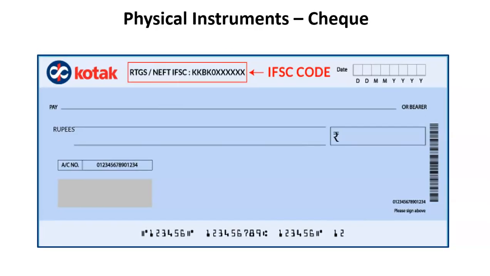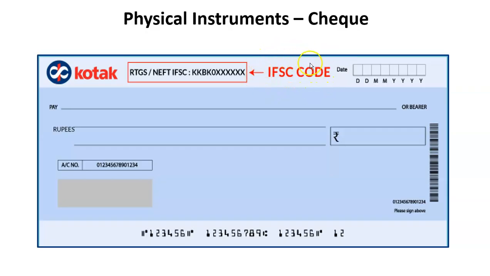IFSC code, you must be aware of this, and you can see here at the bottom. This 129 is MICR code. 129. Magnetic ink character recognition. It is here. IFSC code. While we make NEFT and RTGS transfers, we require account number and IFSC code.